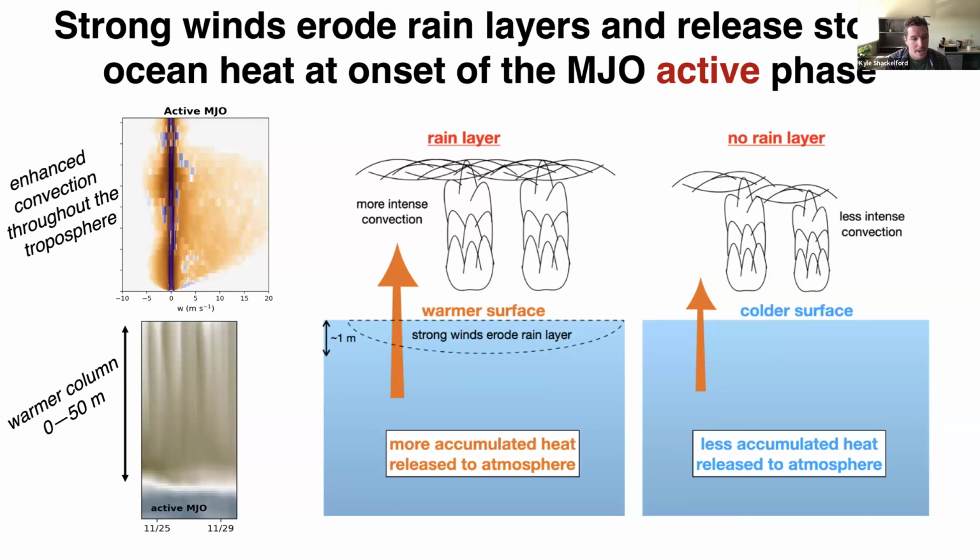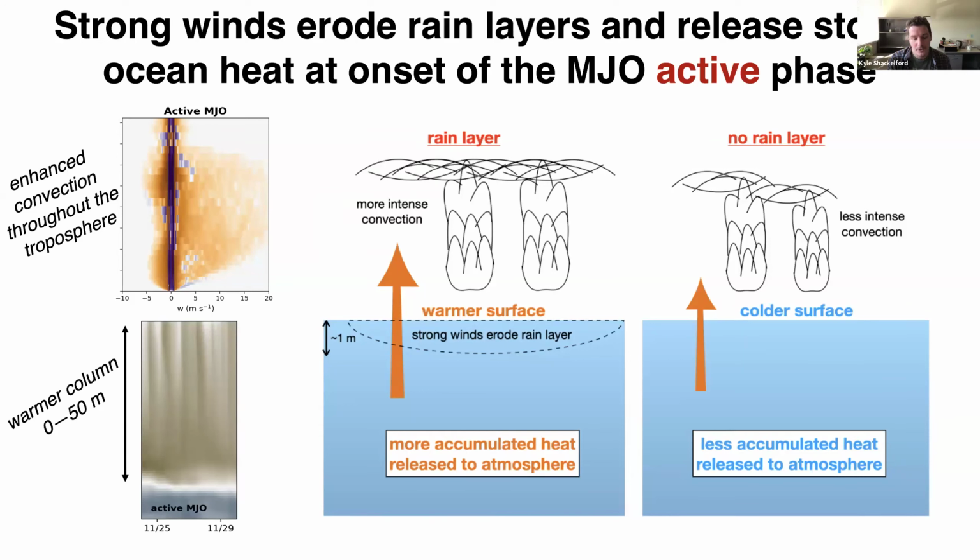Now looking at the MJO active phase, again have a relatively warmer ocean column from the surface to 50 meters and more intense atmospheric convection throughout the troposphere. Schematically, looking at the middle of this slide, we can see with rain layers, you have a warmer ocean surface resulting in more intense atmospheric convection as rain layers are eroded by westerly wind bursts.